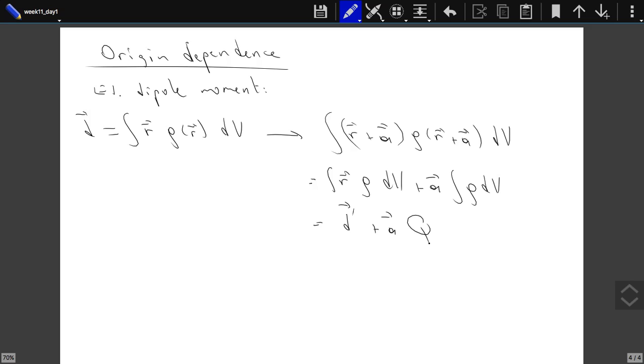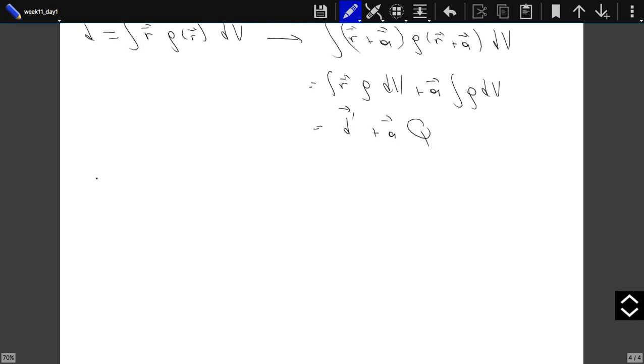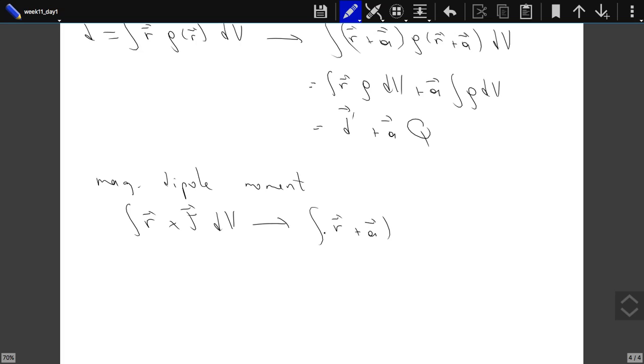Well, we can basically do the same thing for the magnetic dipole moment. So let's see. We define the magnetic dipole moment as R cross J dV. Let's just shift. So this is R plus A cross J dV.